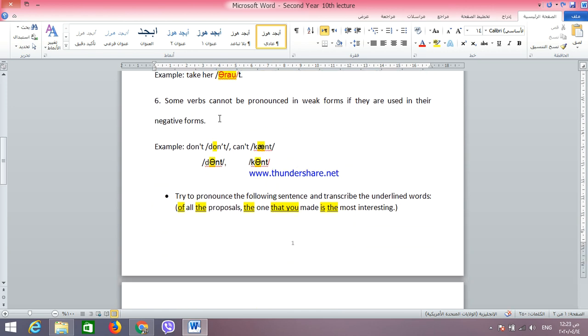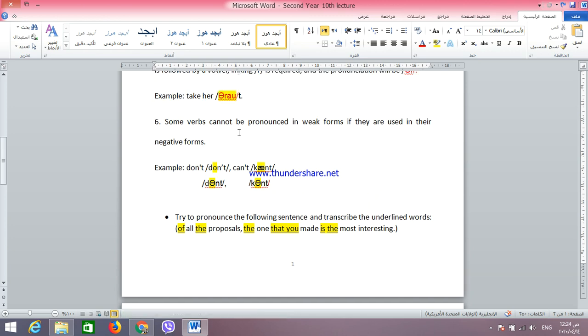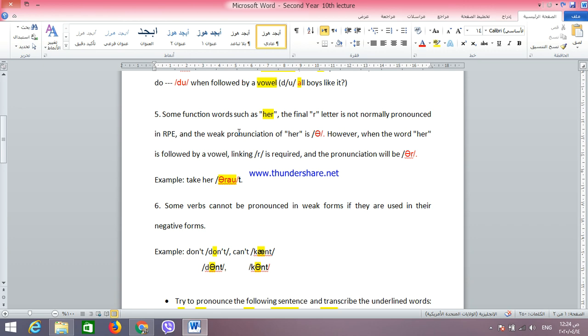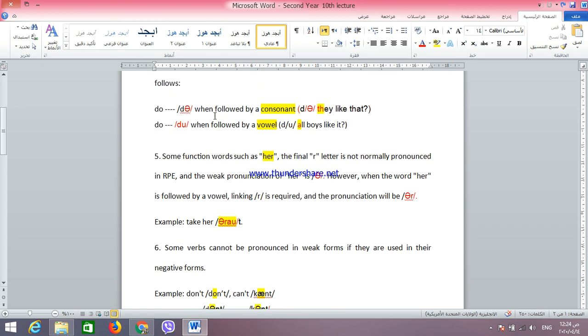The 6th point is about some verbs which cannot be pronounced in weak forms if they are used in their negative forms. Do, as you have seen here, can be pronounced in 2 different ways, weak or strong.